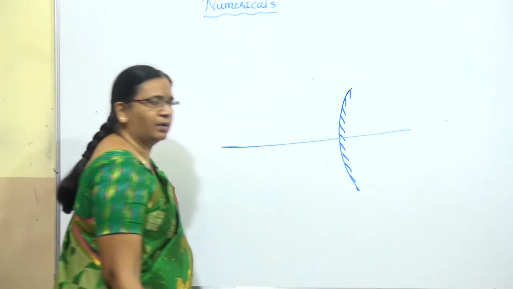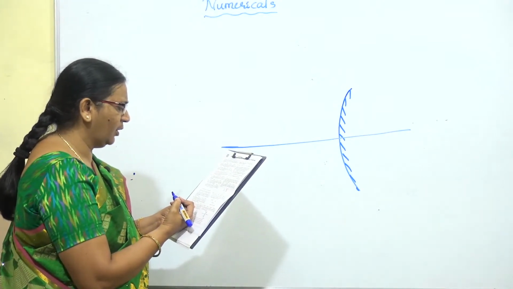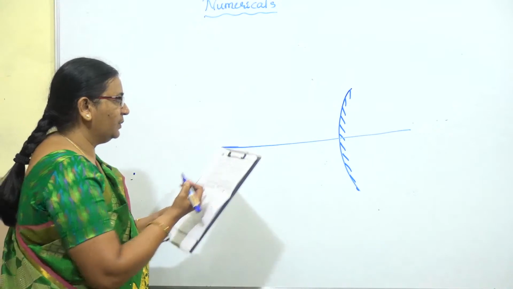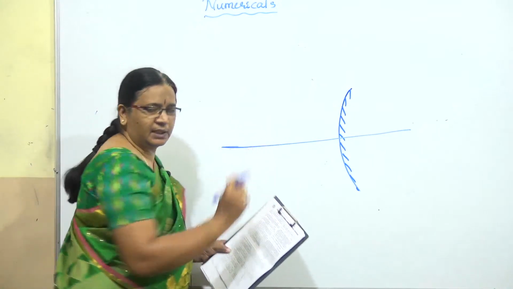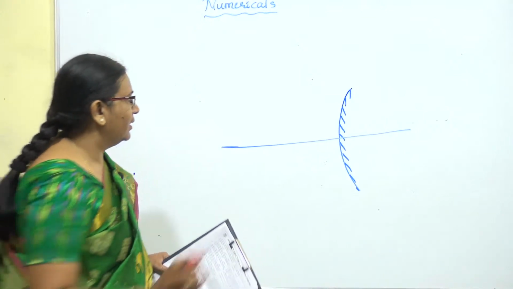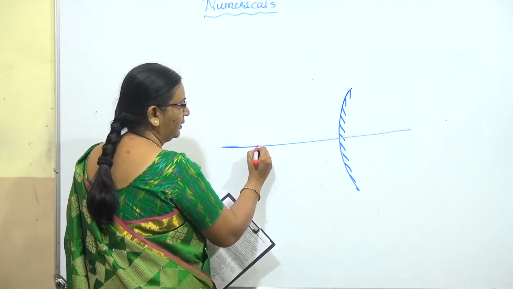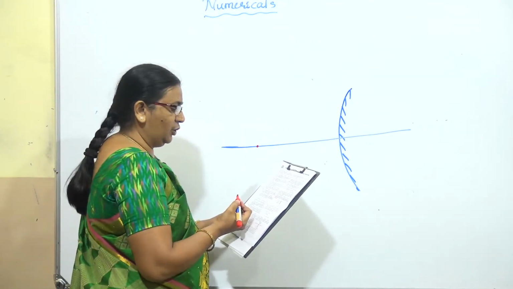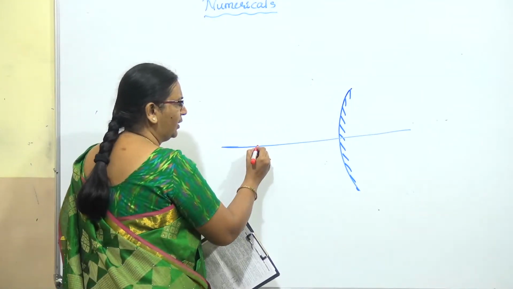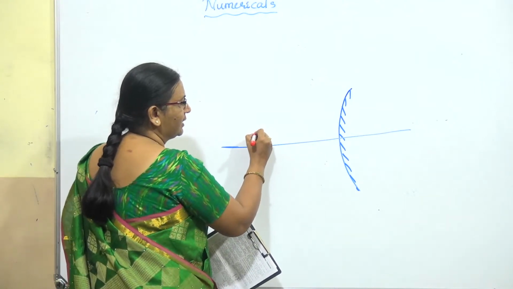We are having a convex mirror. And where you are keeping the object? From this surface, you are keeping an object at 20 centimeters. So let us imagine it's a luminous object, let me take it like a point object itself. So this is our object. The object distance is given as what, children?